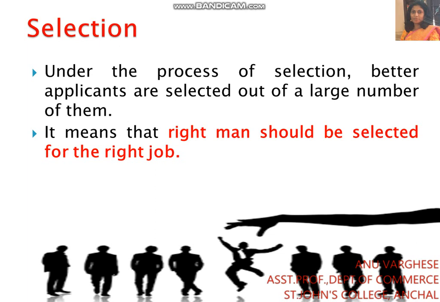Selection is a process of picking the right candidate with the prerequisite qualifications and capabilities to fill the jobs in the organization. So simply, selection is the process of choosing the most suitable candidates from those who apply for the job.